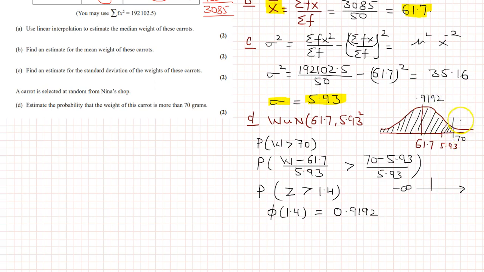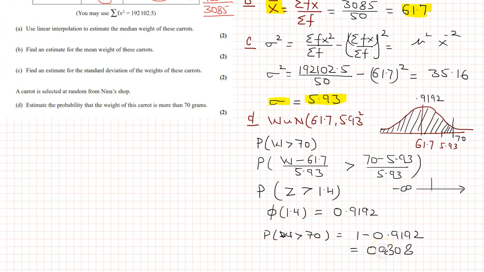So more than 70: the probability of Z greater than 70 is equal to 1 minus 0.9192. So that is 0.808 will be the answer.